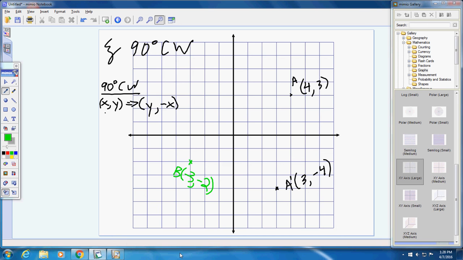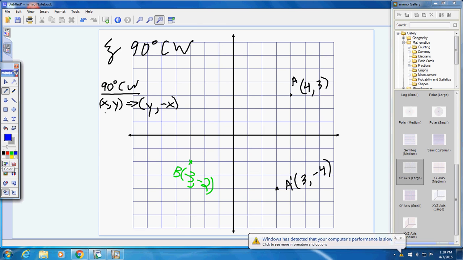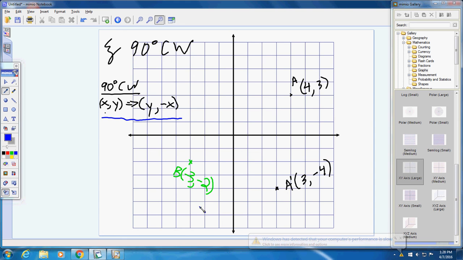So I know that my original point is -3, -2. I'm going to go to the blue. Okay. So -3, -2. I know that I'm going to follow this rule here. So my y value stays. So my new one, I'm going to put it here, B prime. Without actually doing anything, my y value just becomes my x value.